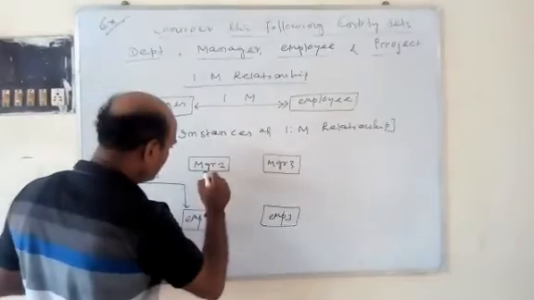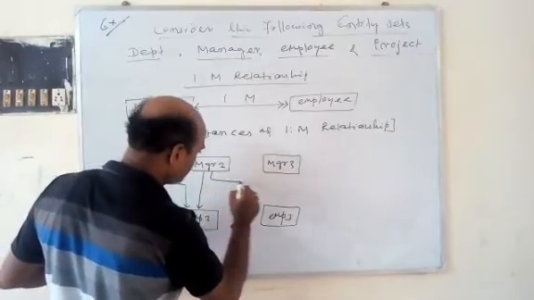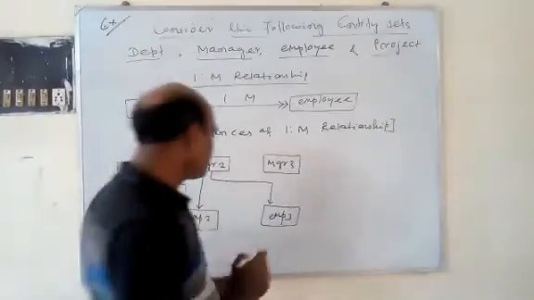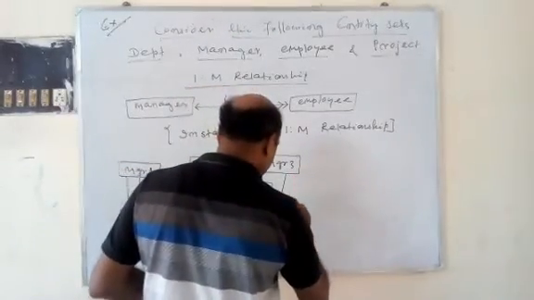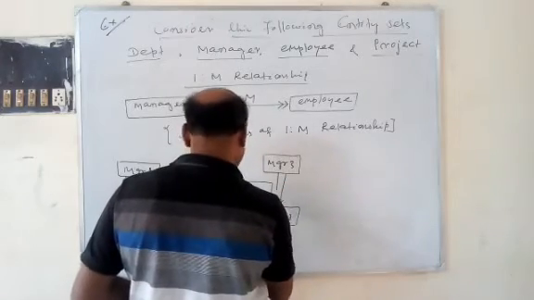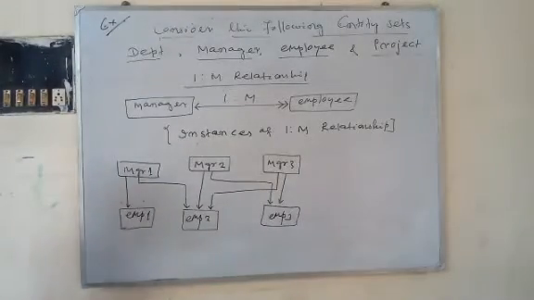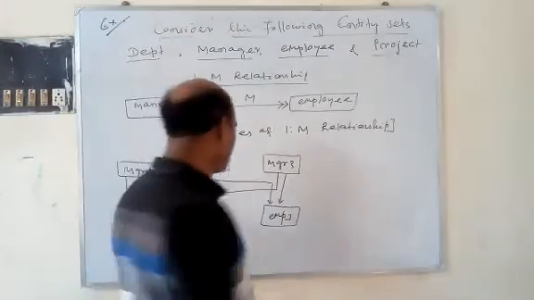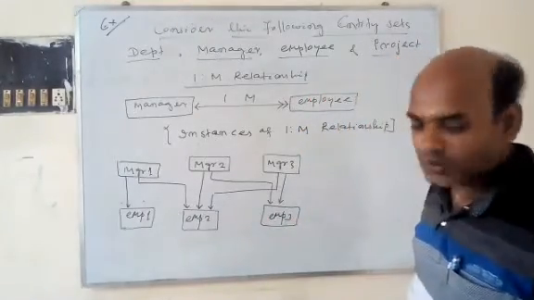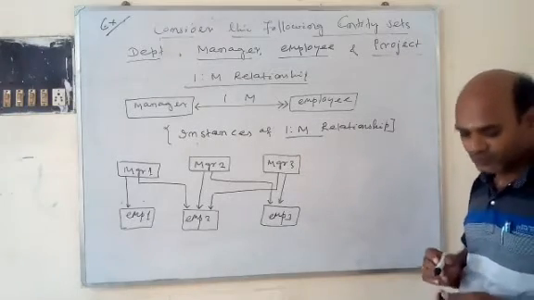Suppose manager 2 supervises employee 2 and employee 3. Similarly, manager 3 supervises employee 3 and employee 2. Anyway, so this instance diagram represents the one-to-many relationship.